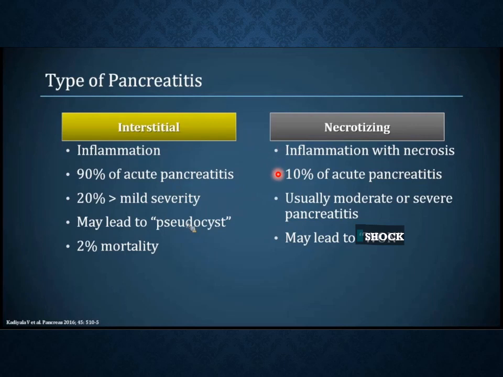About 10% of acute pancreatitis falls into this category, where there is progression of the inflammation to massive necrosis. Usually moderate or severe pancreatitis is the outcome of this condition, and if it is severe, it may lead to shock and multi-organ failure.